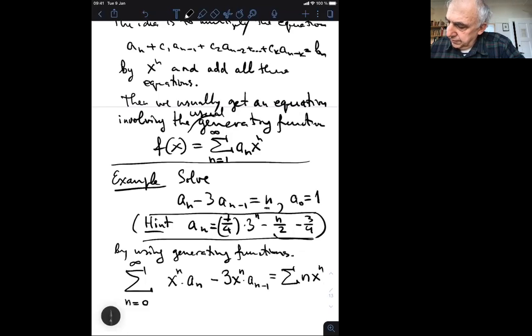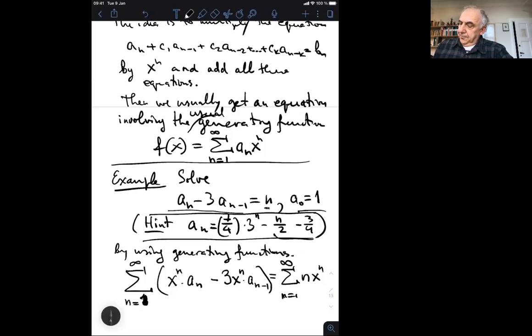Maybe we should start the summation from 1 here, from 1 to infinity. That's what we did: we multiplied this equation by x^n, and then we add over all n from 1. We have a_0 given to us, but starting from n equals 1, we can apply our recurrence.